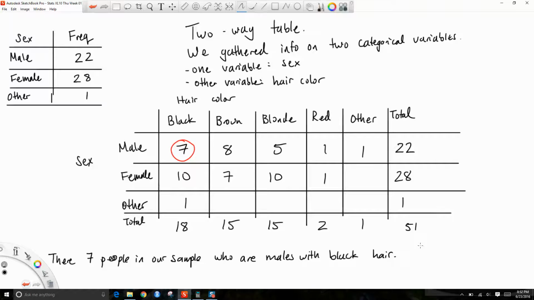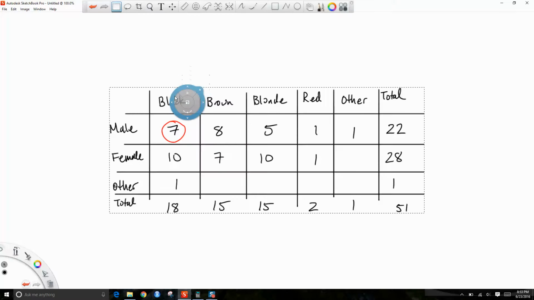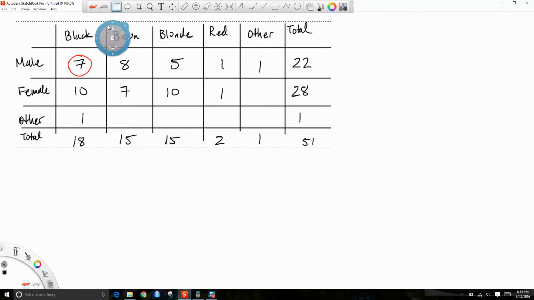And that's all that means, is we've just gathered data on two categorical variables, and we can split that out. Based on this, you don't have to copy this table, but I'm going to just put it on the next slide.